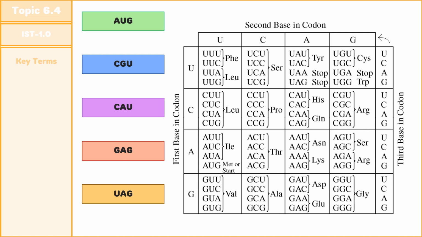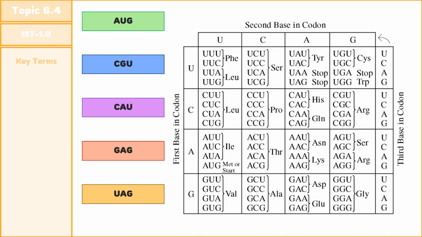So you'll notice that each of our rows is divided into our first bases, so that's the first letter in our codon. Each of our columns is separated into the second base, and then each row is subdivided into four smaller rows, which represents our third base, or the third letter in our codon.